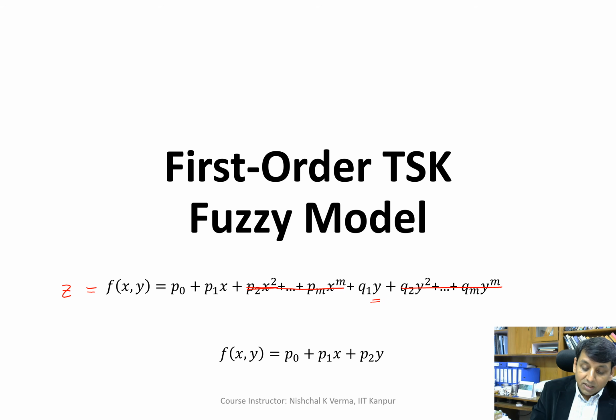So what is coming out here is fxy, which is the form of the output of each rule.